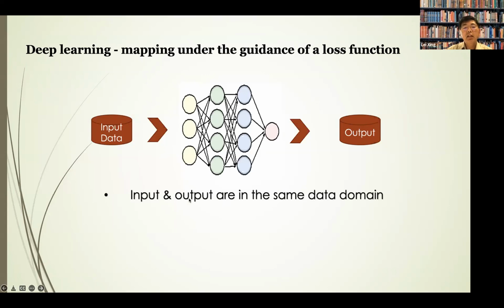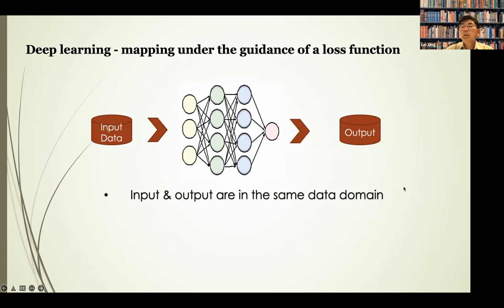If your input and output are in the same domain, for instance, if your input is a blurry image and your output is a restored, clear, higher quality image, then this belongs to this category, right?